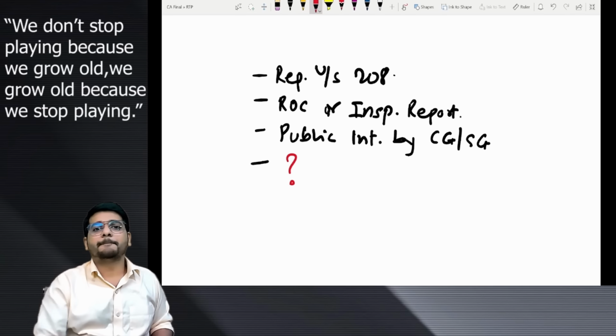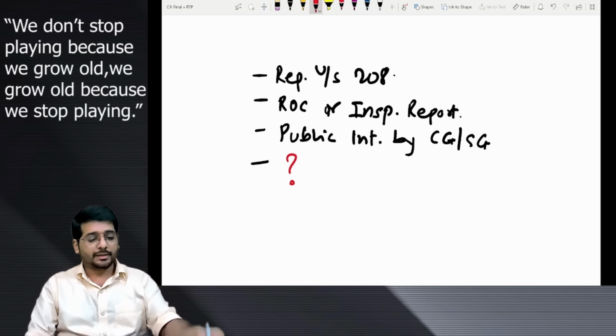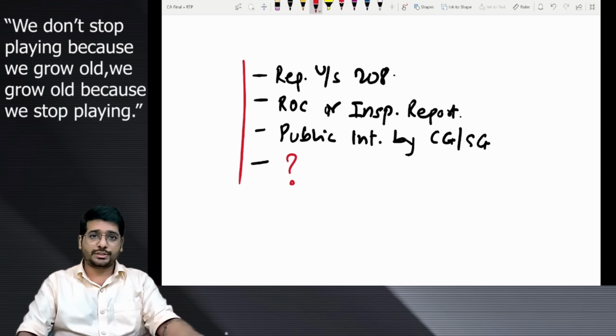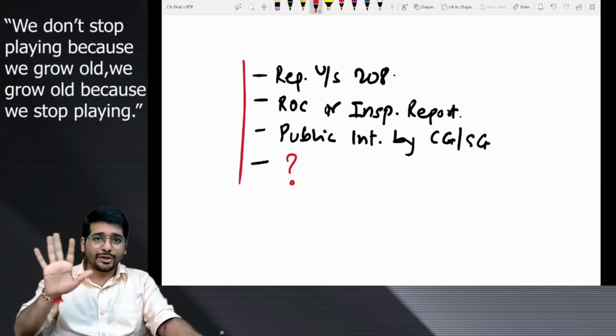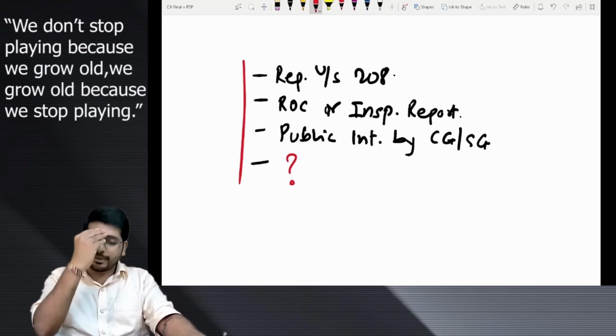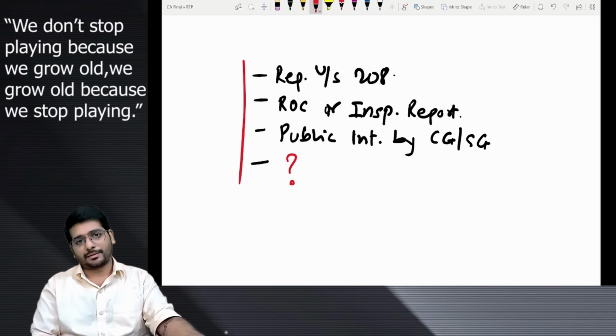Tell me. Those who are having my notes and those who are not having my notes, all of you, easiest of the lot, this is easiest. Normal investigation also, this point should be there. There is no chance you don't know this point or you will forget this point.